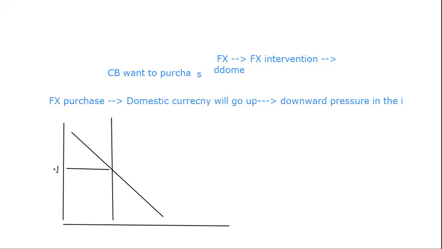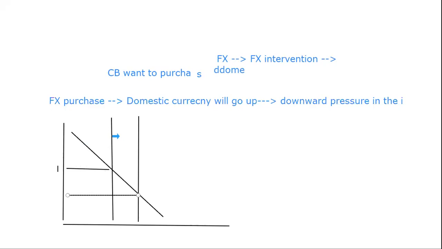Now, the central bank purchased the foreign exchange. Then what happened? The domestic currency will go up. So the domestic currency going up means our money supply curve shifts to here. When the domestic currency goes up, the money supply curve shifts to here. It will ultimately result in a lower interest rate.